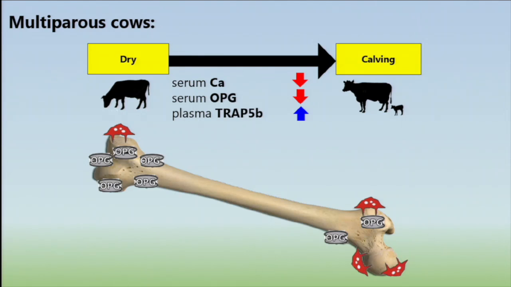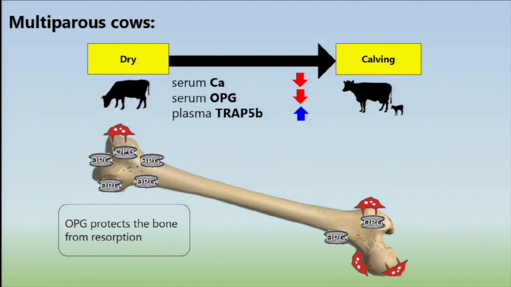This is a schematic drawing of what we assume to happen in the bone of multiparous cows during the experimental period. We saw the reduction of serum calcium and OPG and increase of plasma TRAP5B. With these results, during the dry period, the bone is protected from resorption with higher levels of OPG.